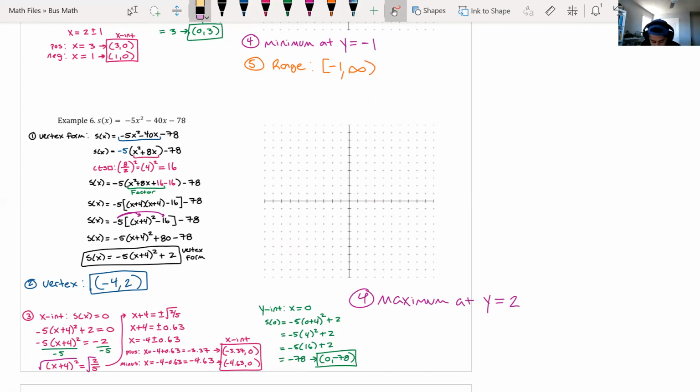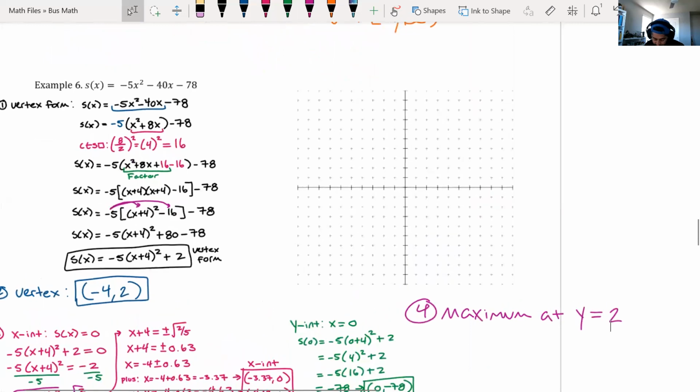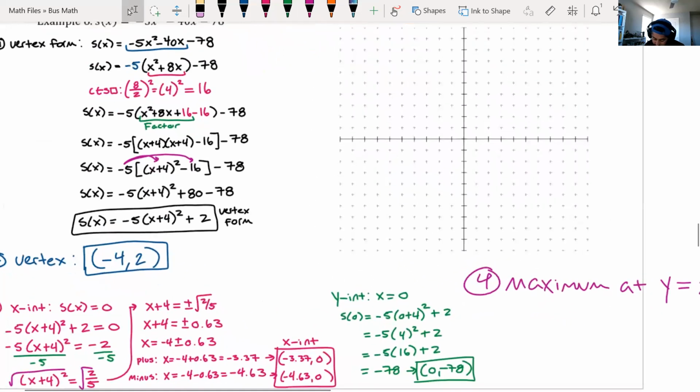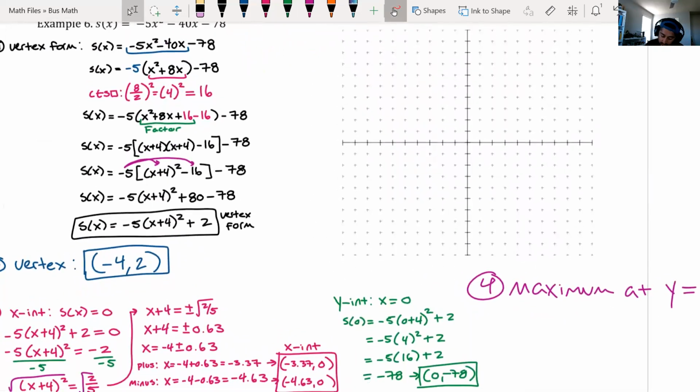And then let's go ahead and graph. Oh boy. I'm not going to worry about that y-intercept of -78. I'm just going to plot everything else. So here, my vertex is at -4 and 2.